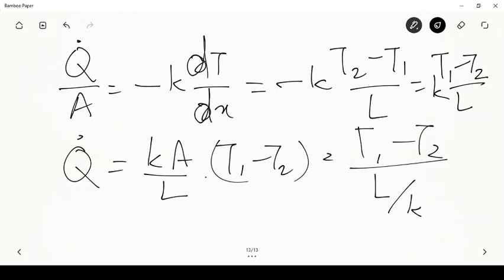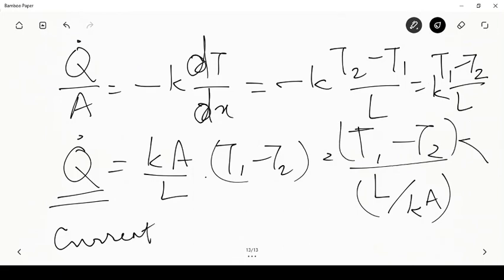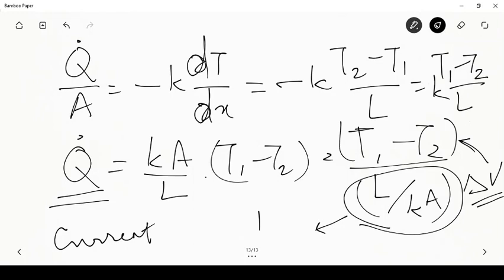Now this equation is called the electrical analogy of heat transfer, where Q dot is akin to the current and the temperature difference is akin to the potential difference, and this term is what we call the thermal resistance R_th due to conduction of the wall.